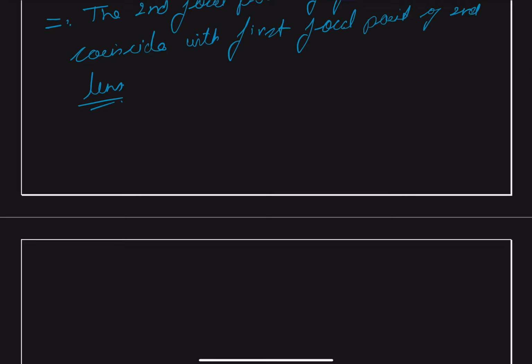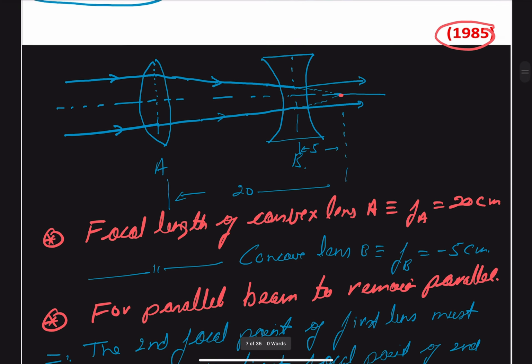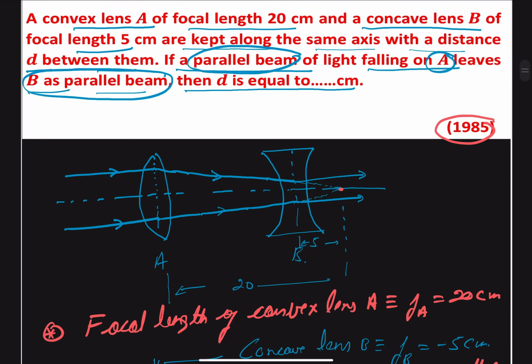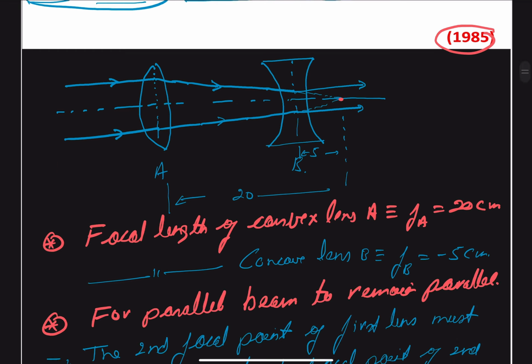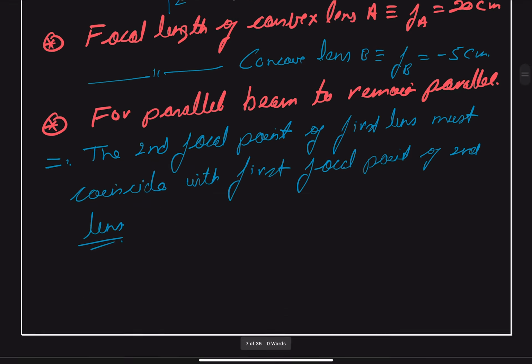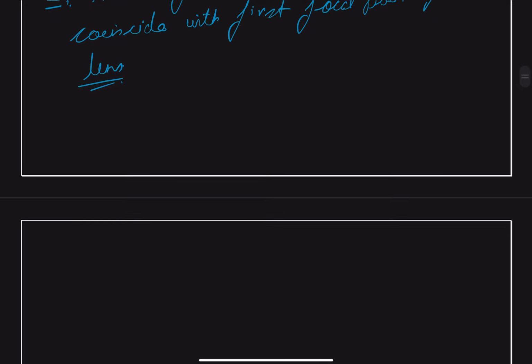So therefore, we can easily find out D. D is the distance between the two, so we have to find out this D. We can easily use the mathematical combination.